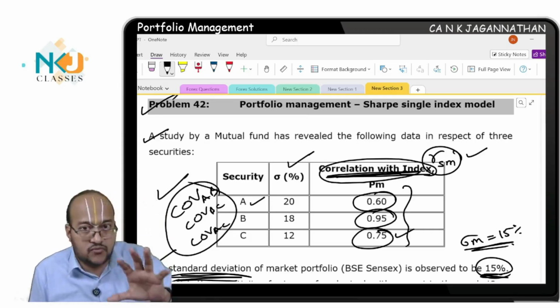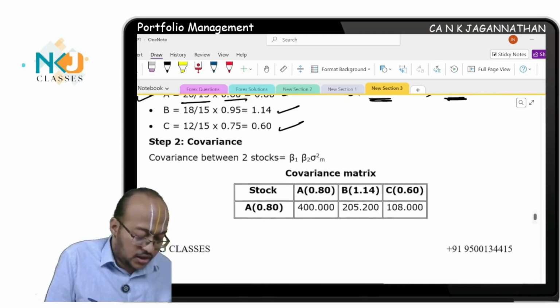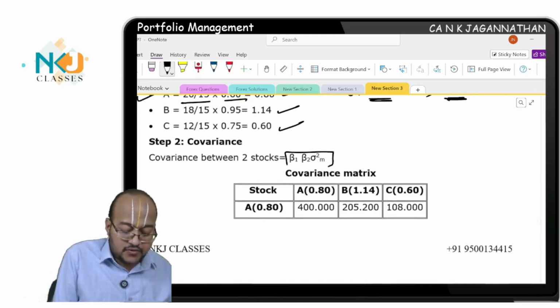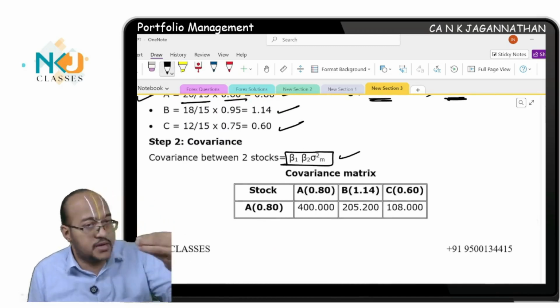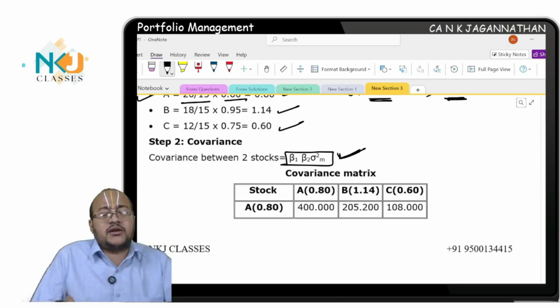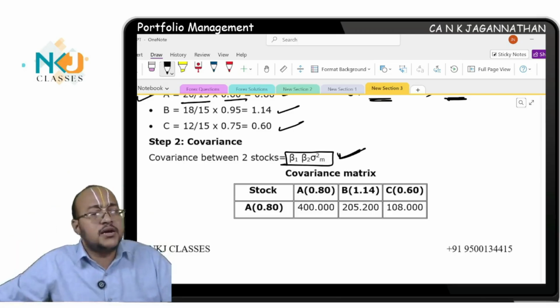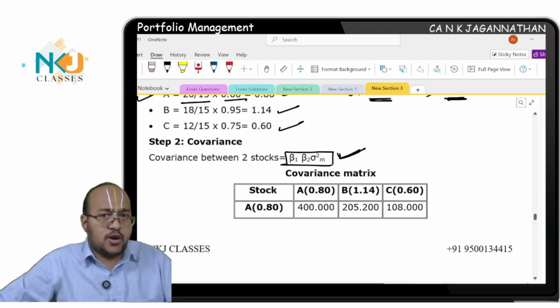Are you all understanding what I am trying to say? Very important observation. Where beta is given for 3 stocks and the variance of market is also given, there you should use this formula to find out. I am not dwelling into how to derive this. You derive it from the beta formula only.